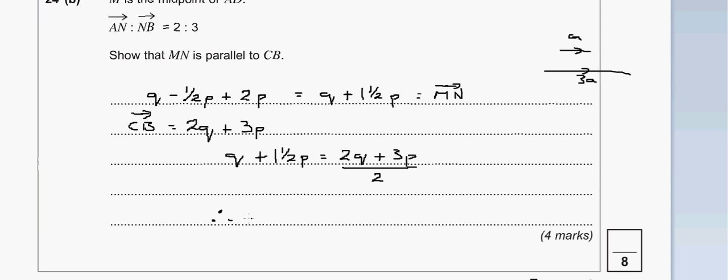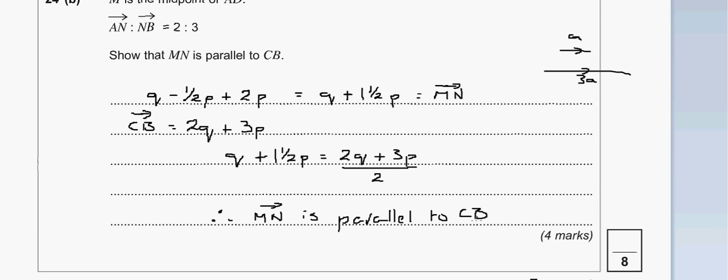So I can now say that MN is parallel to CB.